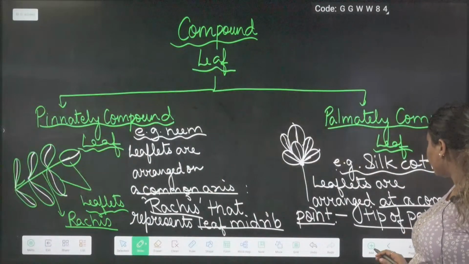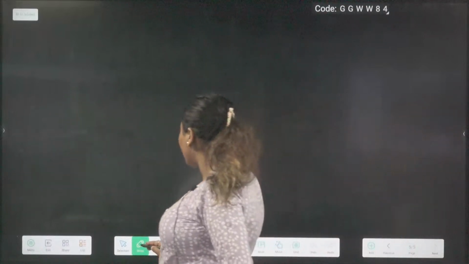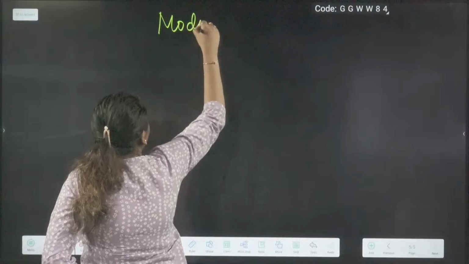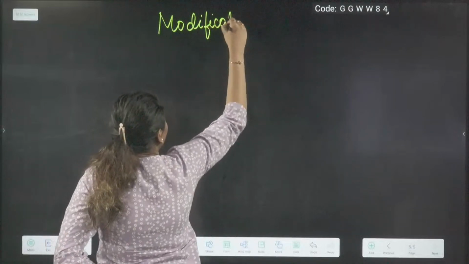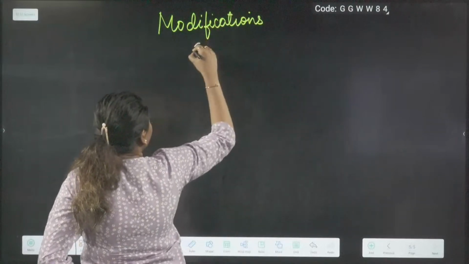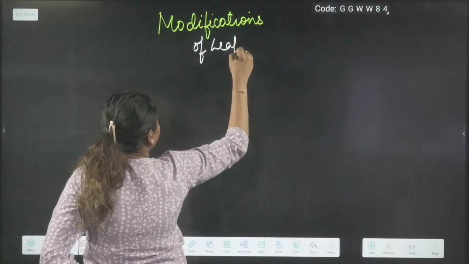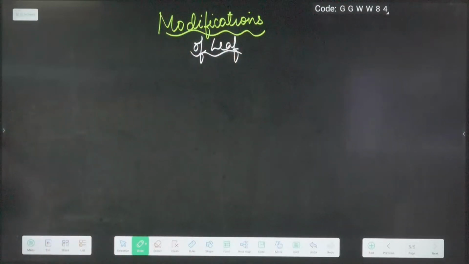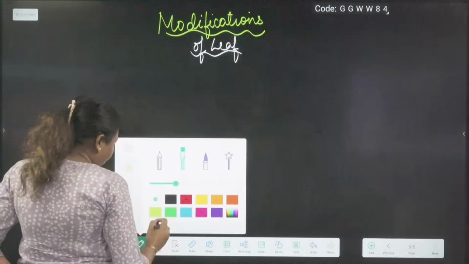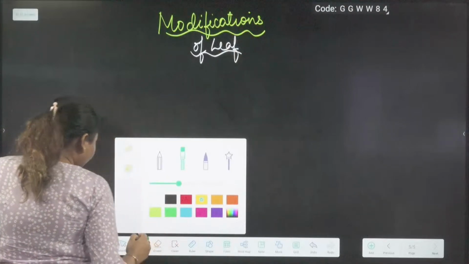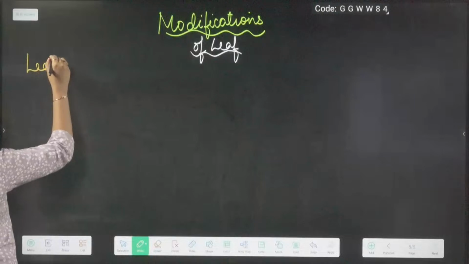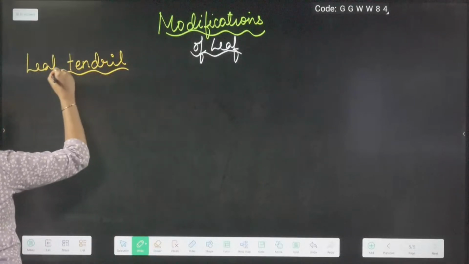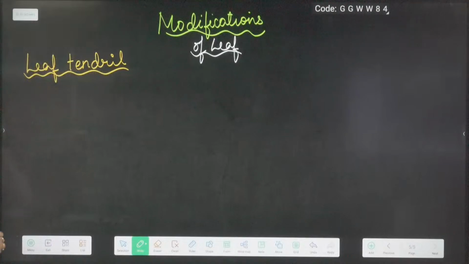Okay? Now, the last topic for leaf is modifications of leaf. First one is your leaf tendril. What is your leaf tendril?